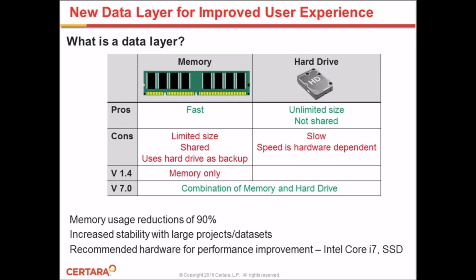This will lead to increased stability on large projects and data sets and nearly a complete elimination of application crashes due to out-of-memory issues. To take advantage of this increased stability, make sure you're using the recommended hardware for optimal performance. This includes an Intel i7 processor and a solid-state hard drive, aka SSD.